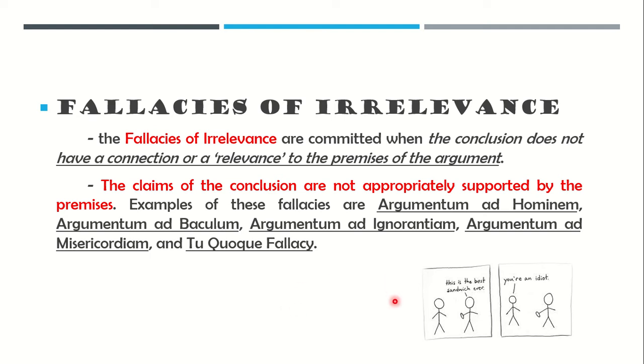Then the answer of the stranger is, it's noon. It does not really answer the question that is being asked. So we can say that his answer is not relevant. Okay? So that is an example of fallacies of irrelevance.